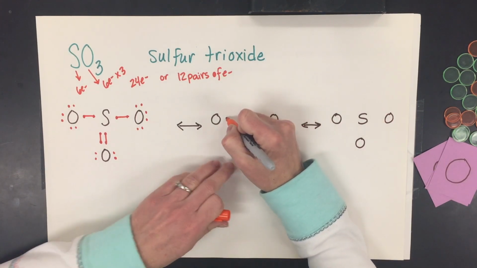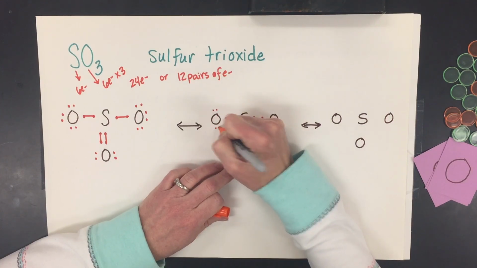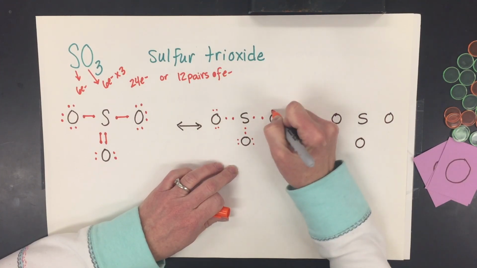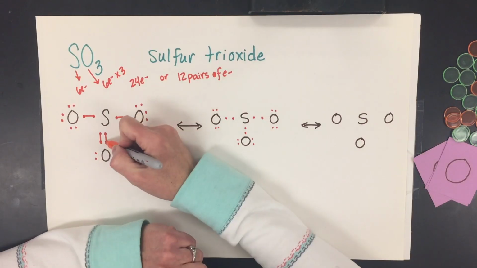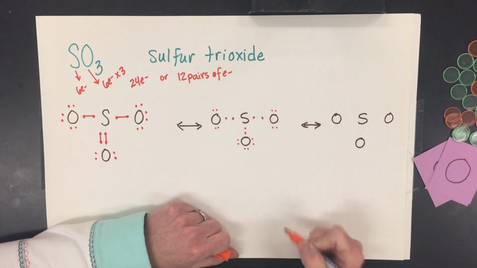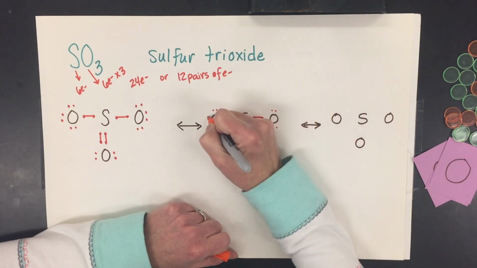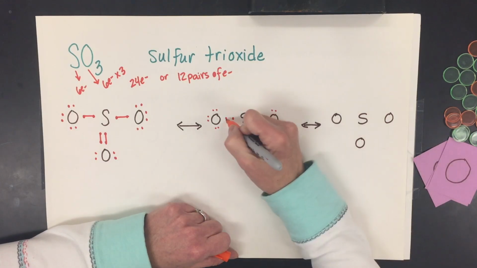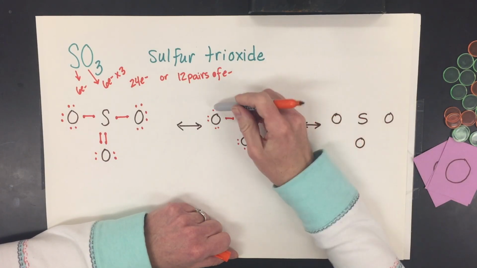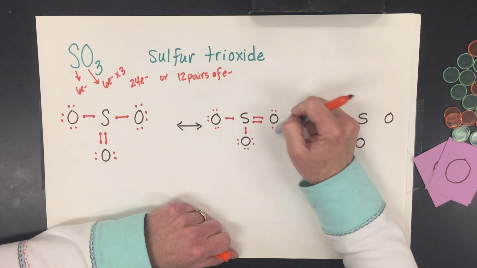And what they would be again, you'd still have them all connected like this with a single bond. You'd still have your oxygens with your lone pair. The difference is this double bond is going to be somewhere else in the molecule. So this oxygen can have a lone pair, but maybe this one has to double bond, and then the last pair goes there. Let me just check that I have, again, 12 pairs. So 1, 2, 3, 4, 5, 6, 7, 8, 9, 10, 11, 12.